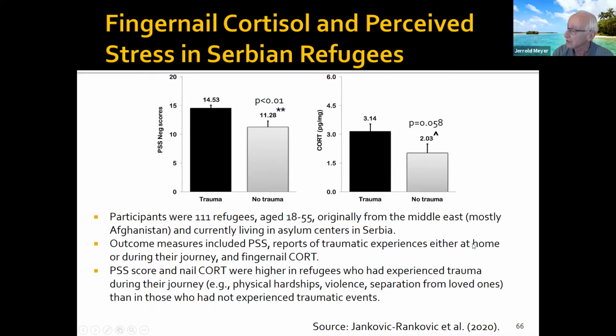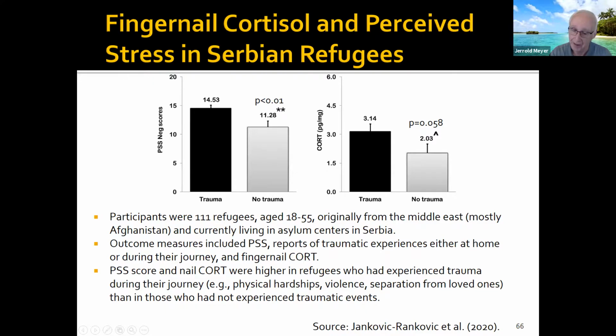So the traumatic experiences at home did not significantly show up in these measures, but the experiences during emigration prior to arriving in Serbia showed up as higher perceived stress and a strong tendency toward higher nail cortisol. This paper as well is in your folder.